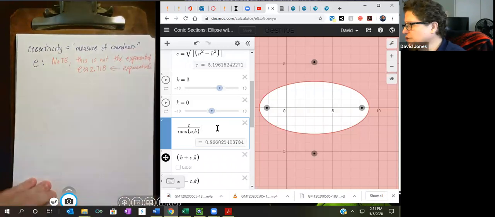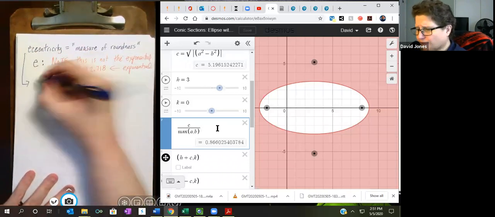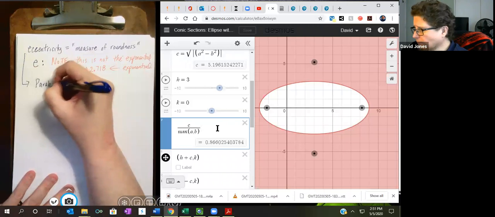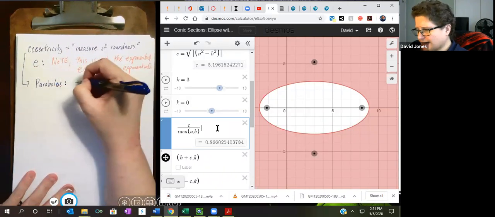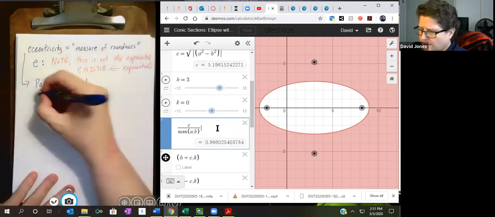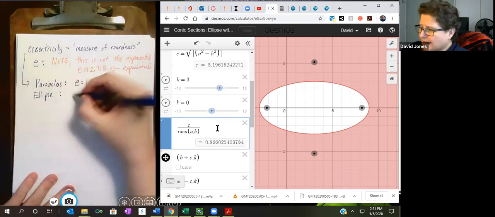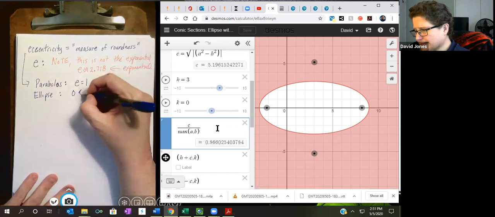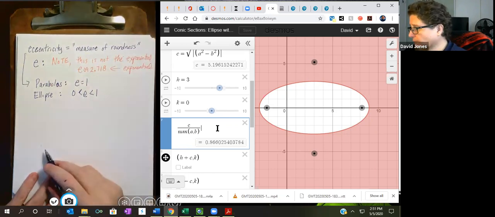So the eccentricity e for parabolas, they say e equals 1. For an ellipse, e is between 0 and 1, but not equal to 0 or 1.